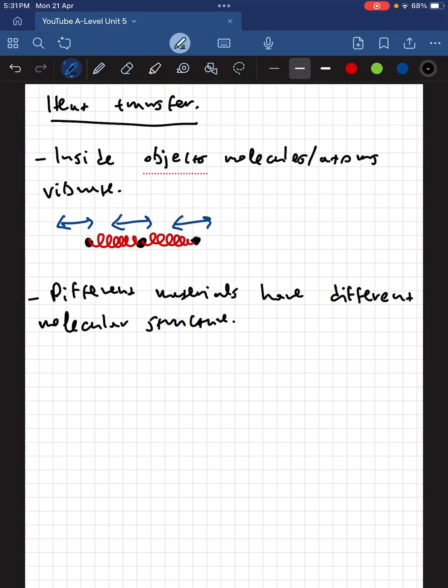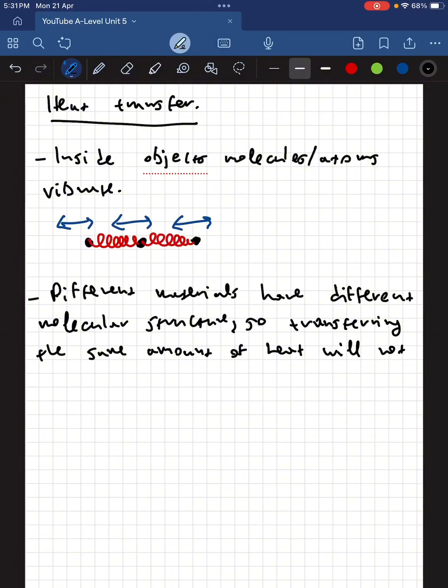So different materials have different molecular structure. So transferring the same amount of heat will not raise the temperature of the material by the same amount.